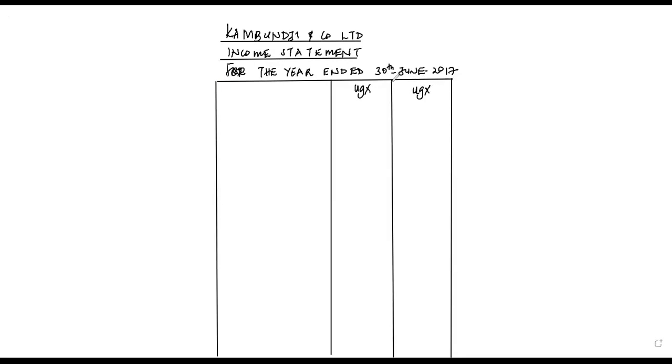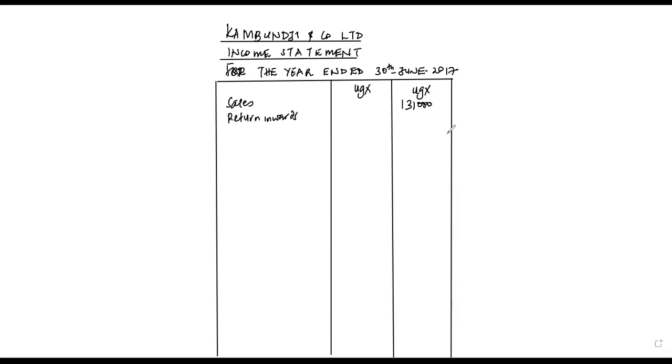So we start with the sales, check through the question, get the sales. Sales, we have 131,000. But of course, we see that we also have return inwards. We sold goods, but the customers returned some of the goods.